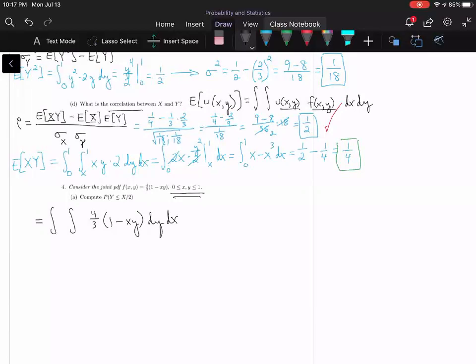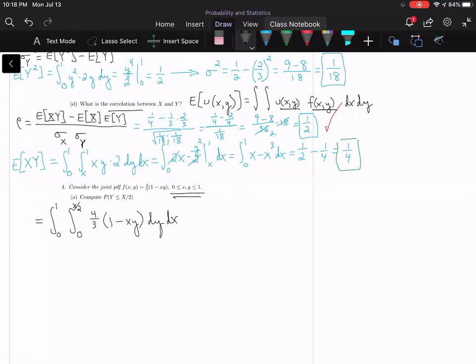The probability statement says we want the probability that y is less than or equal to x over 2. So I know that this upper bound is x over 2, and I know the smallest y can be is 0. As far as x goes, there's no restriction on that, so that's going to go from 0 to 1. And this is what we want to integrate in order to get our answer.